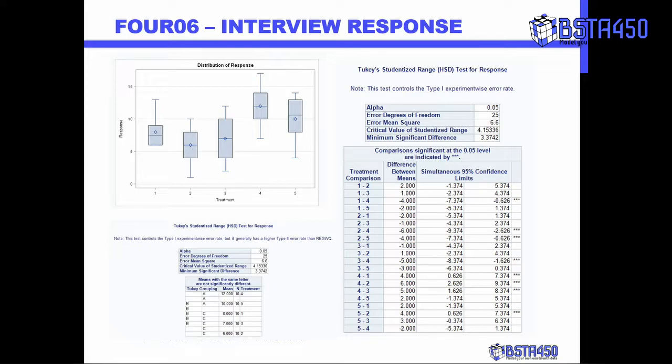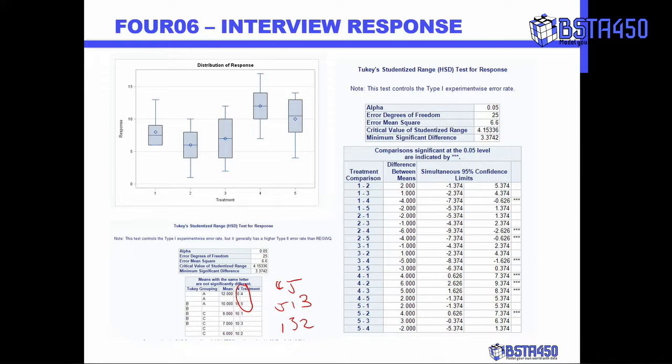So under the grouping A, it tells you that 4 and 5 are treated the same way. Whether you use treatment 4 or treatment 5, it will generate the same performances for you. And the same way for grouping B, if you're working with 5, 1, and 3, it'll generate for you the same performances. And for C, 1, 3, and 2, these methods of interviewing will generate the same type of responses.